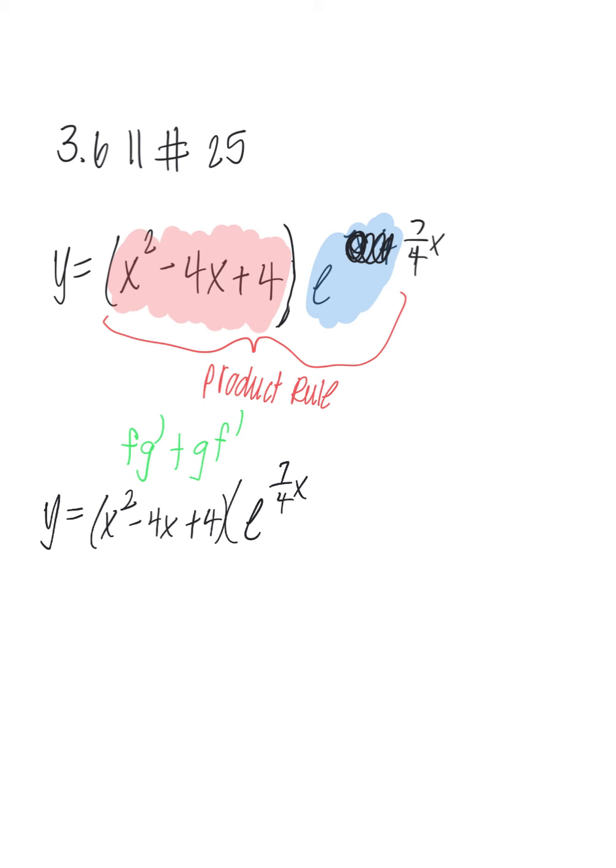So the first part of this chain rule for e, when e is the outside, you literally copy and paste the original down, and you multiply by the derivative of the inside. In this case, it's the derivative of that power e had. So the derivative of 7 over 4 x is 7 over 4.